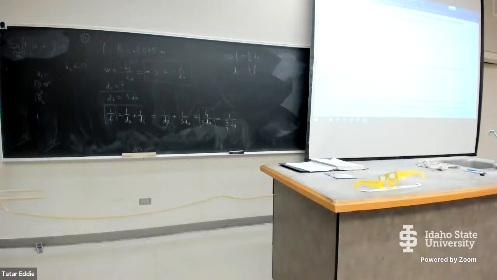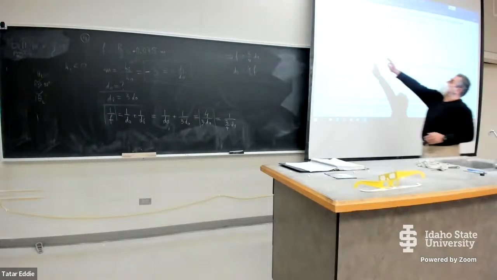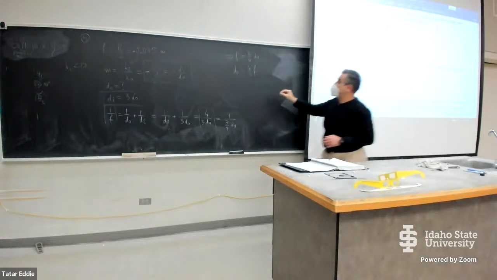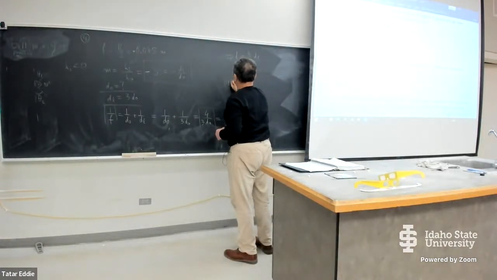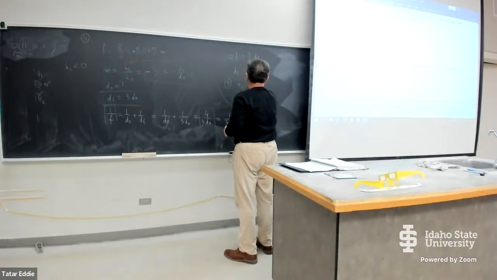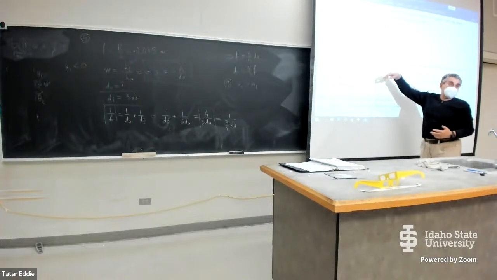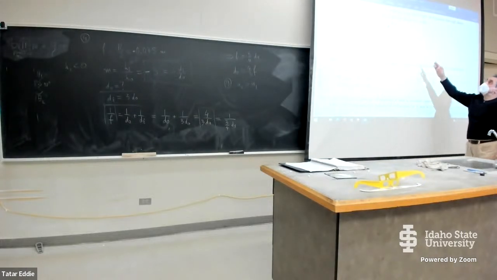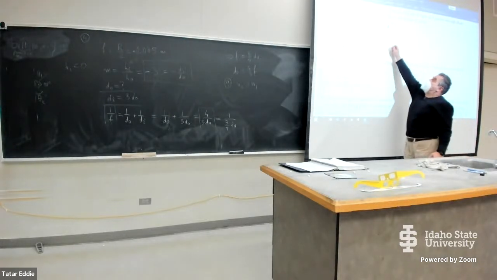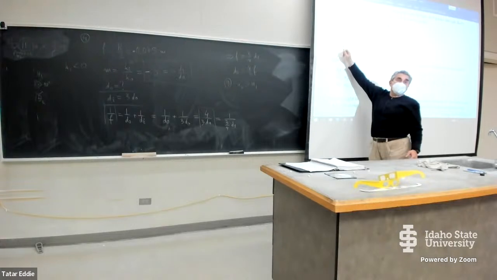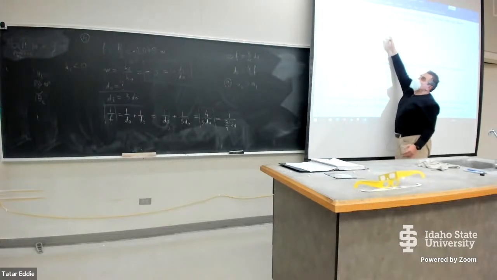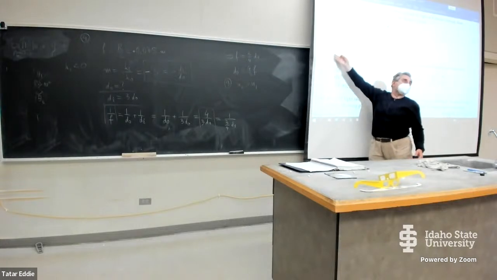And look, the rule is that when the light ray enters a higher index of refraction, it bends toward the normal. So this means that N2 is higher than N1. N2 is larger than N1, and this is why it bends closer to the normal rather than in the opposite direction. And look, if N3 was equal to N1, the light ray here would go parallel to the incident light ray.